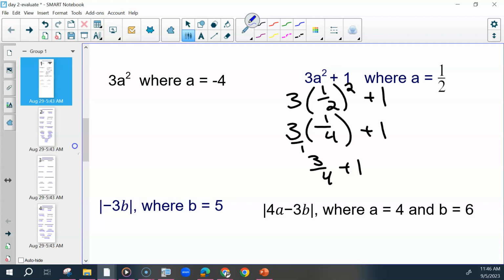Double check that. You're close. Wait, it's 1.75. Hold on. Or 7 over 4. Oh, got it right. If you were doing this by hand, you would put this over 4, because the denominator seems to be the same, multiply this by 4, and then you'd be adding.